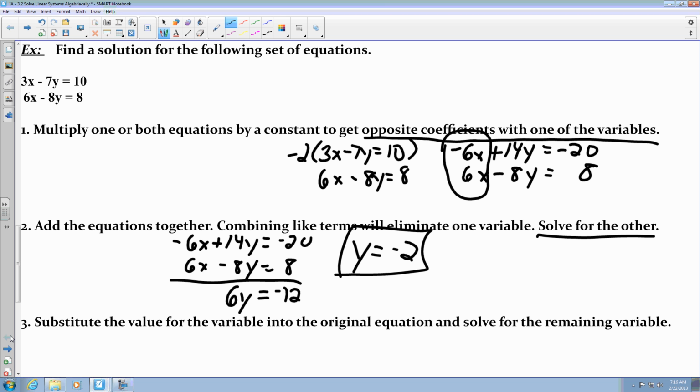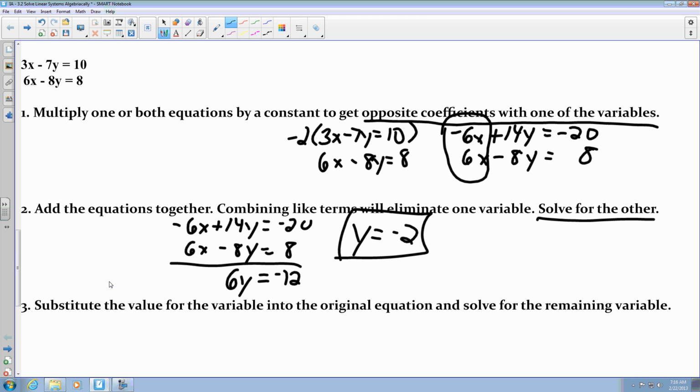Once we do that, we can do the exact same thing as we did up in the substitution method. We just substitute the value for the variable into the original equation and then solve for the other variable. So we've got y, we need to solve for x. It does not matter which equation you use, you should get the exact same value for x for each one of them.